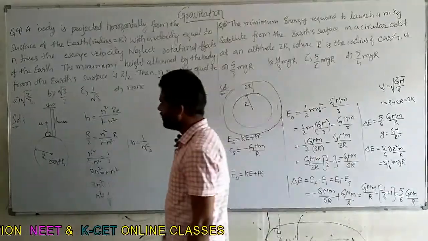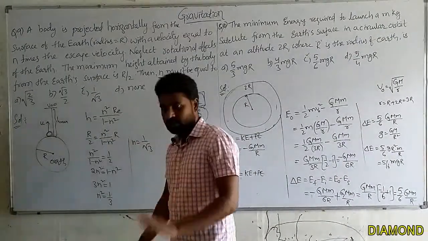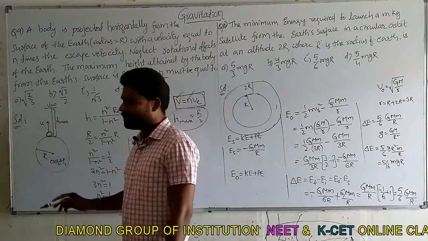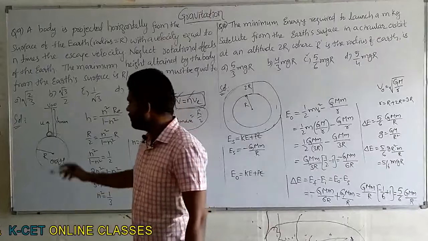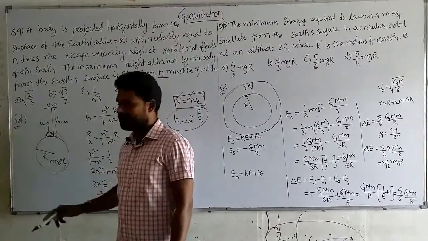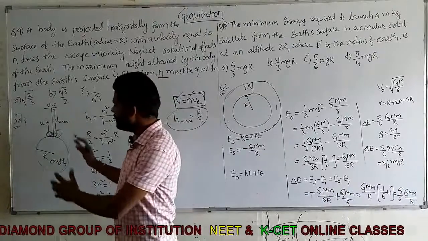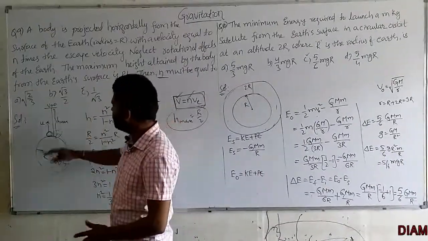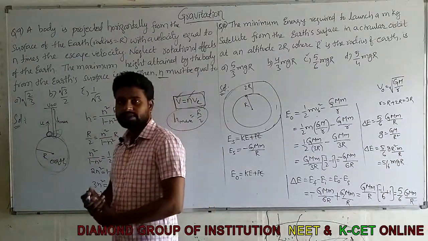So suppose here we are projecting one object. At maximum height the velocity will become 0. It is projected with some initial velocity. Whenever it is on the surface, it has two energies. It has velocity, so kinetic energy, and on the surface it has potential energy. So initially it has potential energy and kinetic energy, and whenever it reaches the maximum height, velocity will become 0 and it has only potential energy.